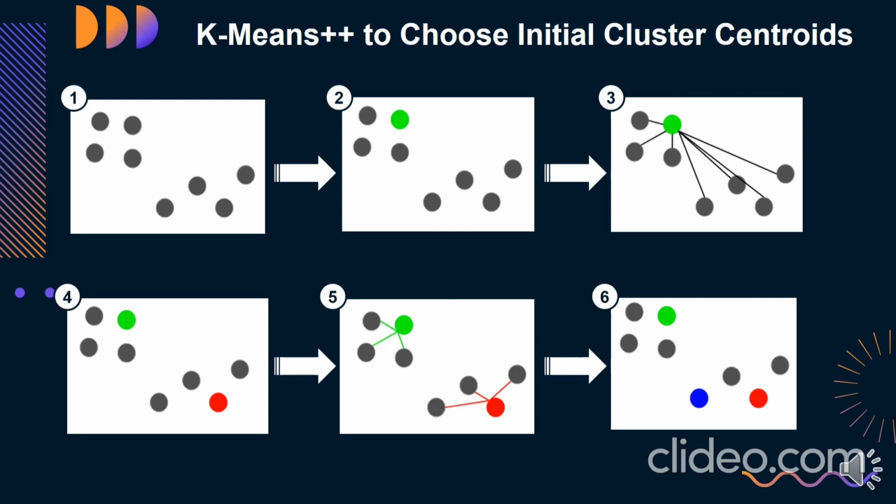Now to select the last centroid, we will take the distance of each point from its closest centroid, and the point having the largest squared distance will be selected as the third centroid. Thus, we will select the last centroid as the blue one. We can continue with the k-means algorithm after initializing these centroids.